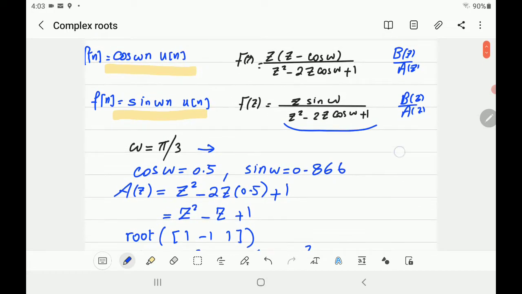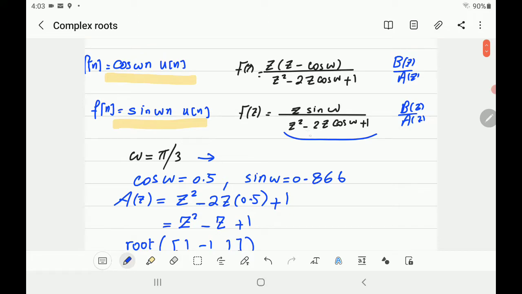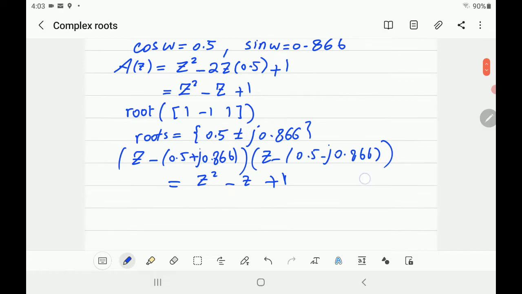So when the roots of the polynomial are complex and the magnitude is equal to 1, that's very important. If you square 0.5 and square 0.866, add them and take the square root, that's the magnitude, call it A. It's equal to 1.